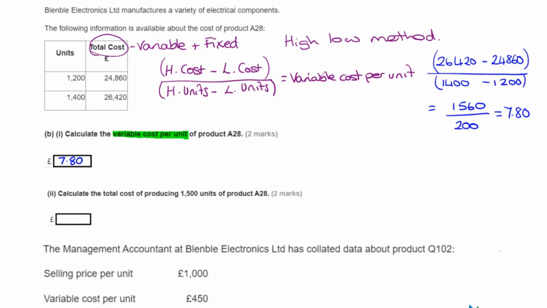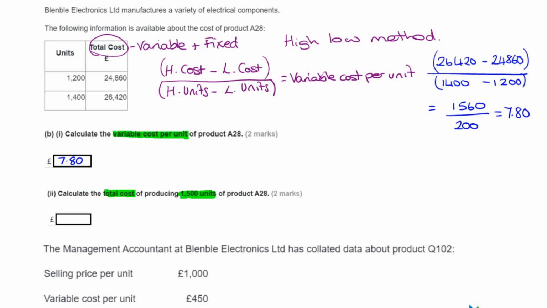We then need to calculate the total cost of producing 1,500 units of the same product. So now we need to work out what the fixed cost would be, now that we know what our variable cost per unit is.